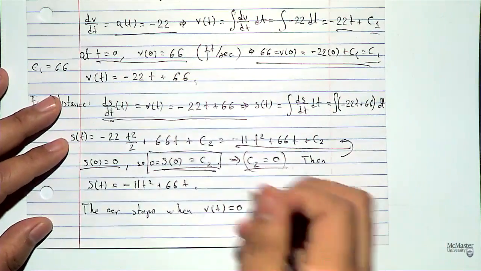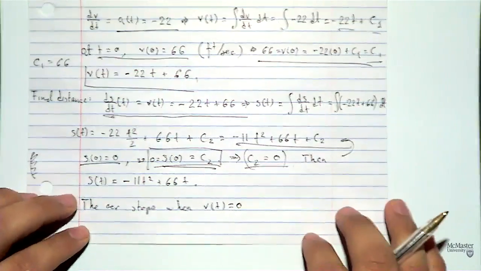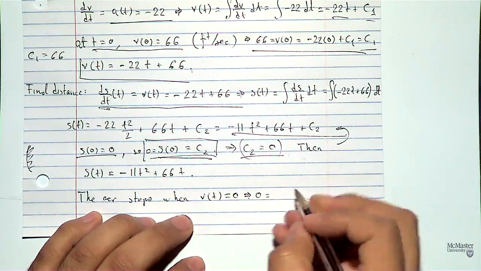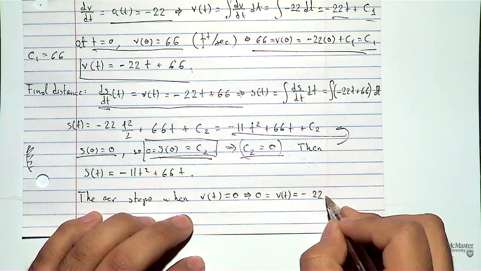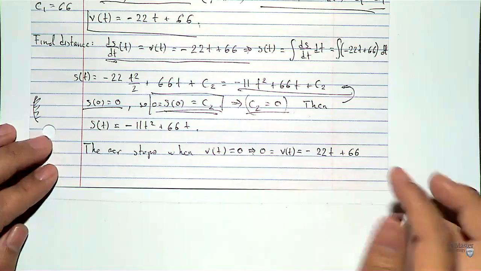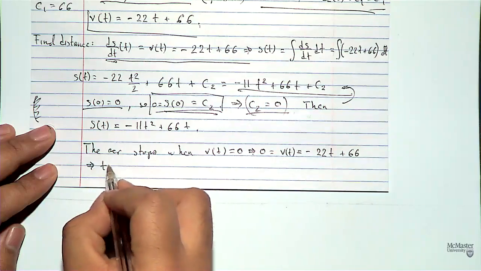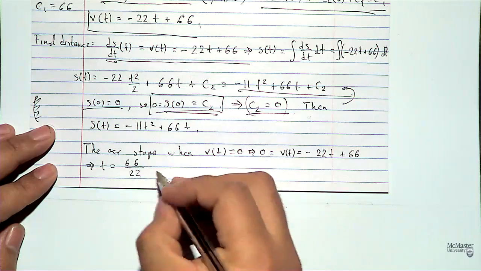We know the formula for v of t, which was here. So at a given time t, v of t is equal to 0, which is equal to minus 22t plus 66. I simply have to pass to the other side and divide. So t is equal to 66 over 22, which is equal to 3.